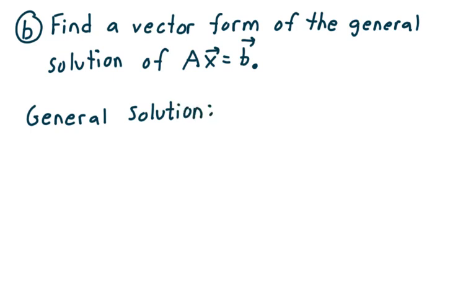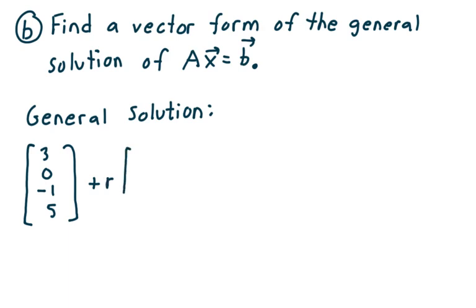Now, I'm going to take the specific solution to AX equals B, or the particular solution for you differential equations people. So I get (3, 0, -1, 5). That's the specific solution. And then what I'm going to do is add the general solution to AX equals 0.